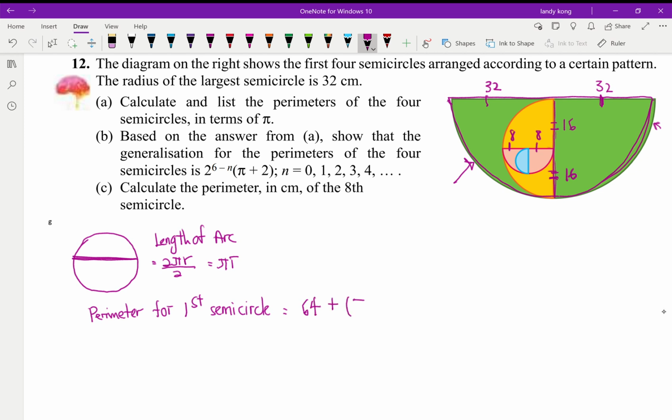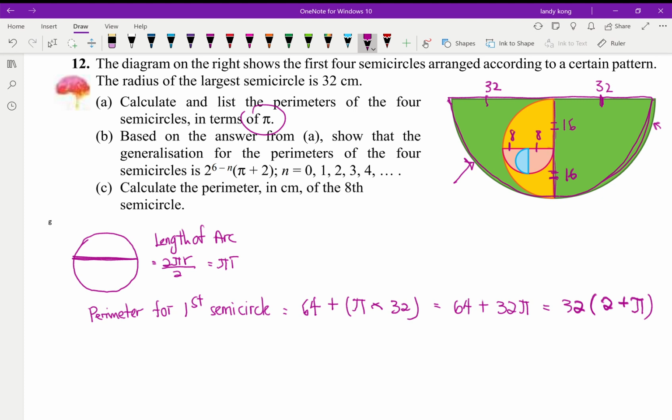I keep pi because the question requests the answer in terms of pi. Pi times r, my r is 32. So it becomes 64 plus 32 pi. I can factorize 32, so 32 times (2 plus pi). Okay, this is the first one.